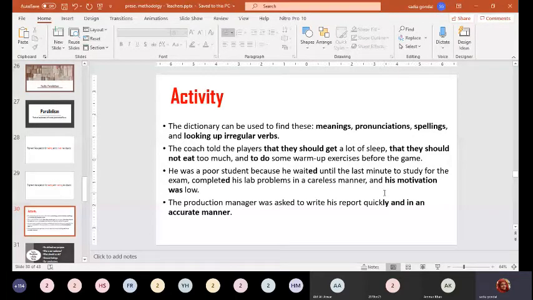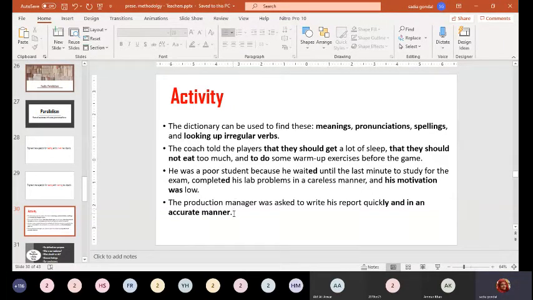He waited until the last minute, completed his lab problems in a careless manner, and lacked motivation. Right? Or you could have said, and had low motivation. Because again, when you use had, it is again a past tense. But the preferable one was that you should use something ending with ed.